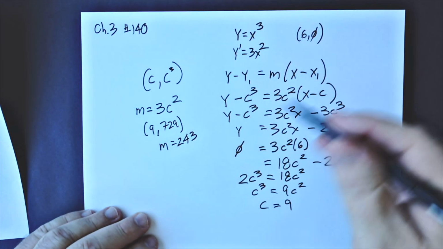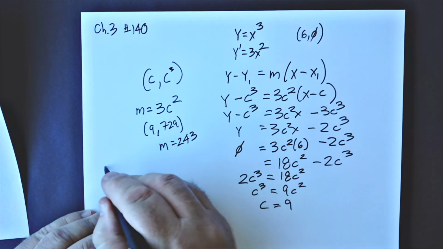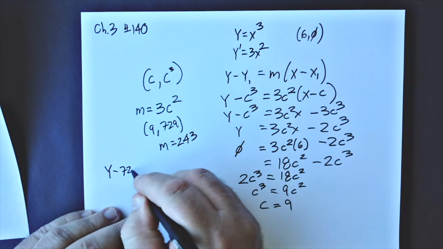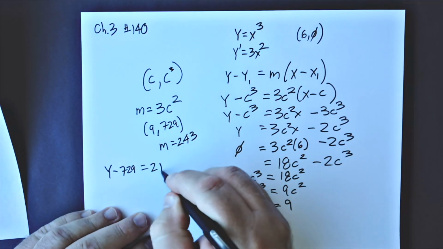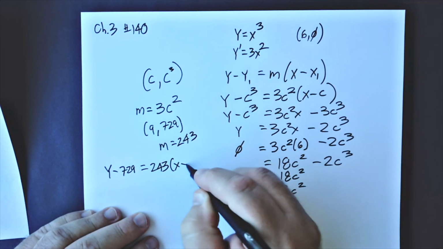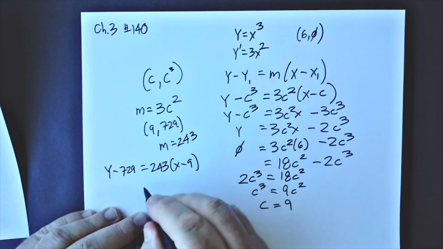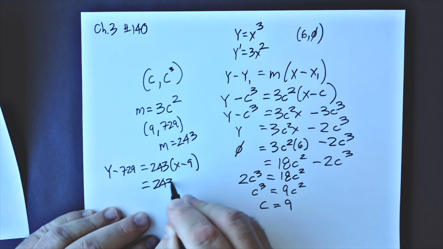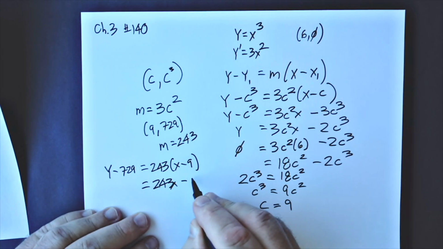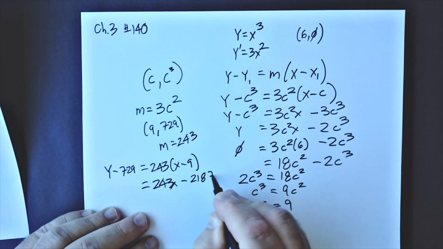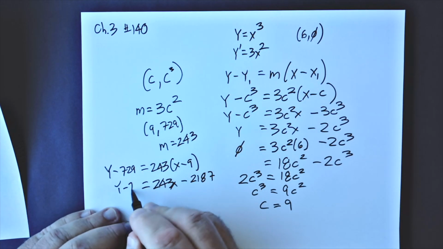And then we would just use this sequence again. So y minus 729 equals 243 times x minus 9. Go ahead and distribute that 243: 243x minus 2187, I'm thinking.